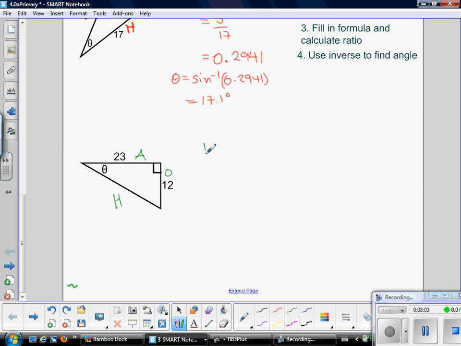So tan of theta equals opposite over adjacent, which equals, in this case, 12 over 24, sorry, 23, I wish it was 24. Take my calculator, calculate that. 0.5217. And now to find angle theta, I take the tan inverse of that ratio.